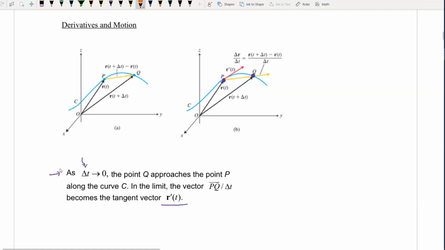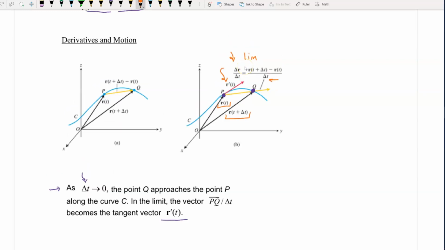What we have here is delta r divided by delta t, the change in r divided by the change in t, which is r of t plus delta t minus r of t, divided by delta t. So r prime is equal to the limit of this part as delta t approaches 0.